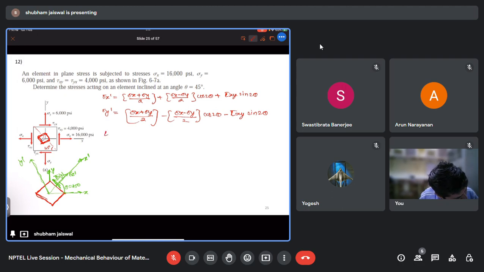Tau x prime y prime is given by minus sigma x minus sigma y by 2 sin 2 theta plus tau xy cos 2 theta. Am I correct now? We can use this equation.